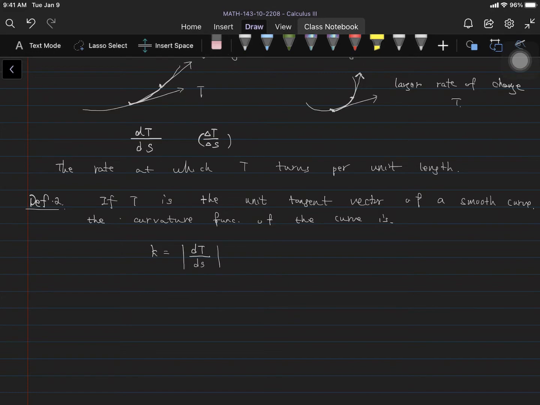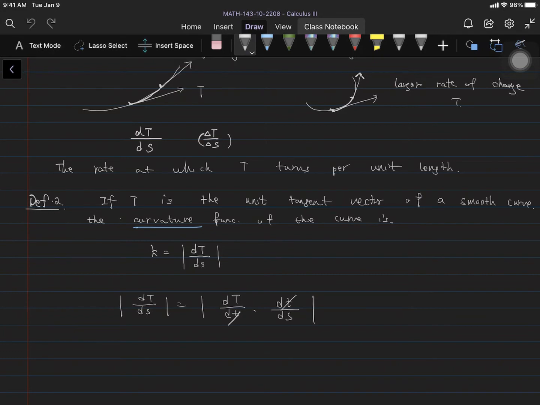So this is the definition for the curvature. For the calculation, we introduce small t. dT/ds equals dT/dt times dt/ds, the same thing, because if we cancel the dt they are the same.